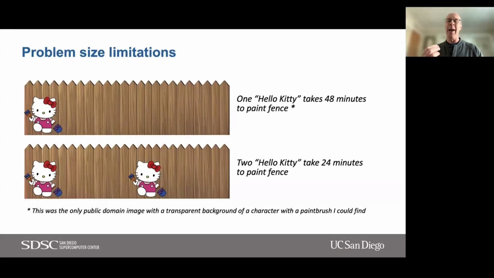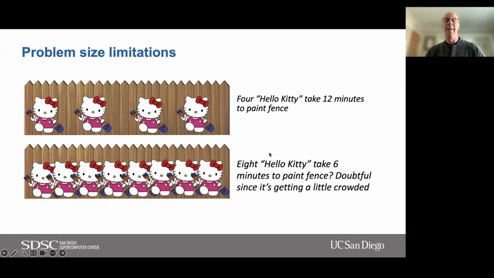So let's say we have one painter working on a fence, and it might take 48 minutes to paint the fence. It would seem logical that if we double the number of people working on this, we have 2 painters, it should take 24 minutes. Maybe 4 painters could do this in 12 minutes. 8 might be able to do this in 6 minutes.